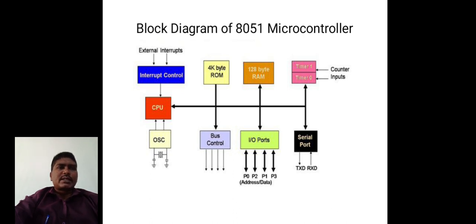The other 3 are internally generated: 2 interrupts are used for the timers and 1 interrupt is used by the serial port block. Here we have timer 1 and timer 0.